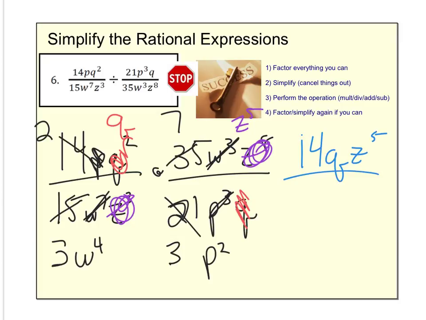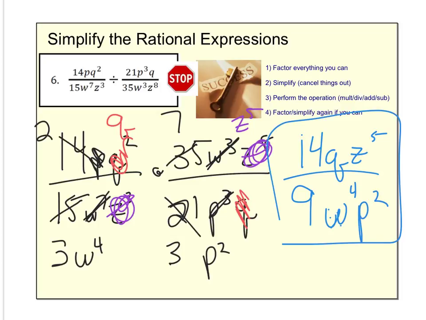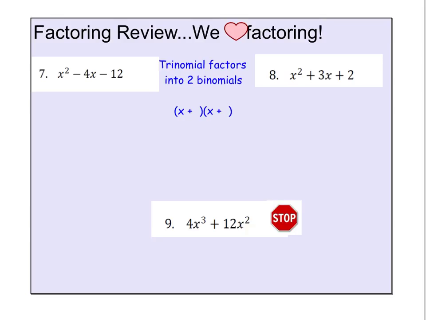On the bottom, 3 times 3 is 9W to the 4th P squared. So you got to be very strong with simplifying and very, very strong with exponent division there.